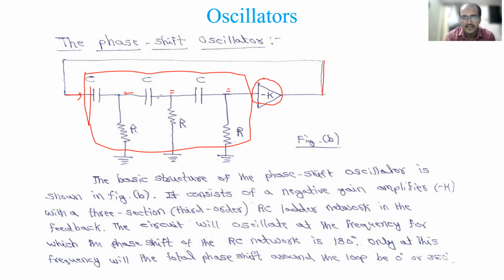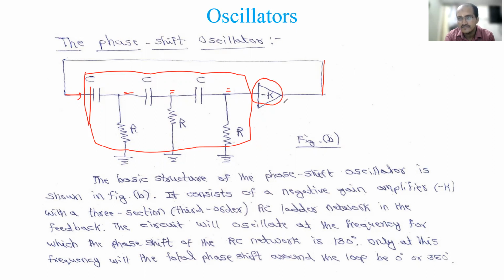All 3 are connected in cascade, so they get added: 60, 60, 60, because gains are multiplied whereas angles get added. So a 180-degree phase shift will come, and the amplifier has a minus sign because it has a 180-degree phase shift.